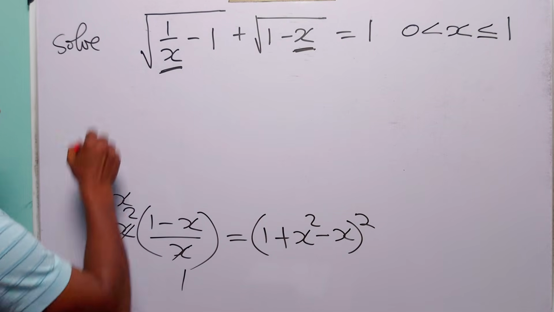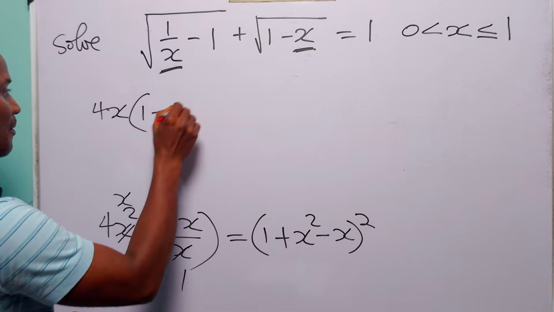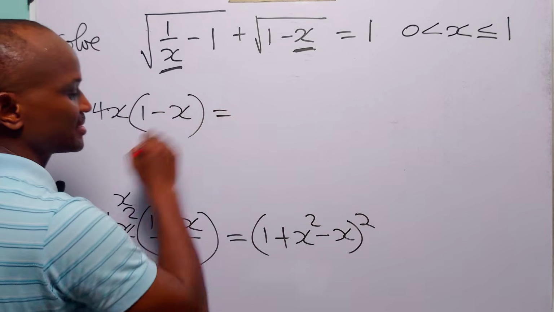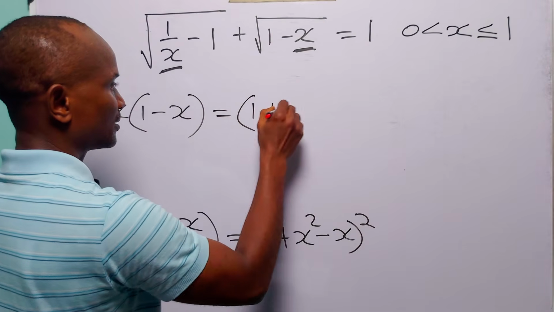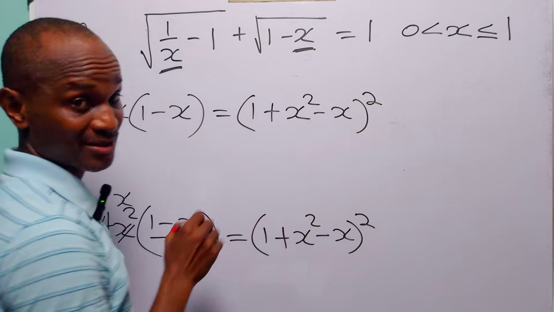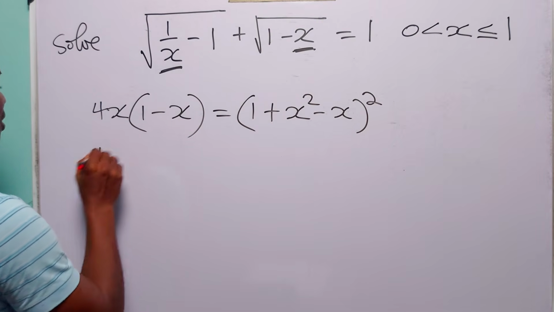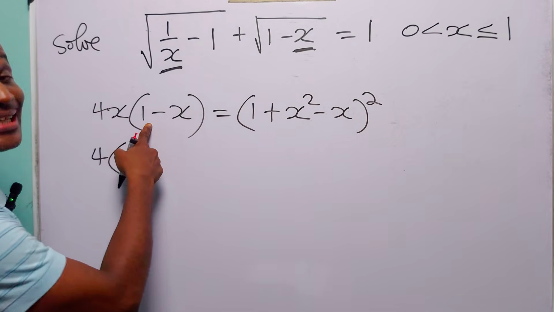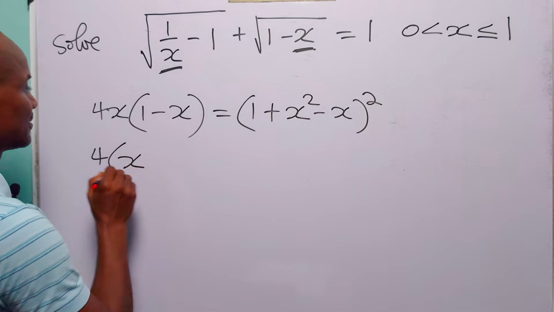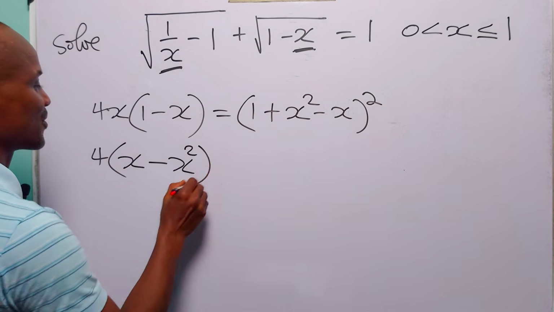So on the left hand side, we have 4x times 1 minus x. And this is equal to 1 plus x squared minus x squared. Now, opening this bracket, we have 4 times x times 1 is 4x. And x times x is x squared.